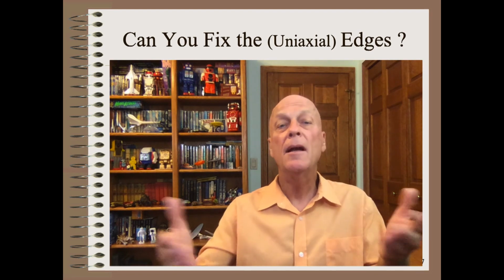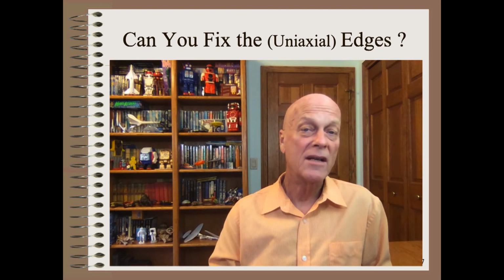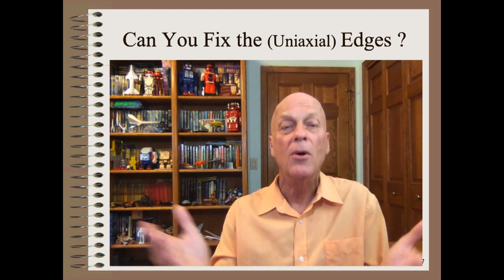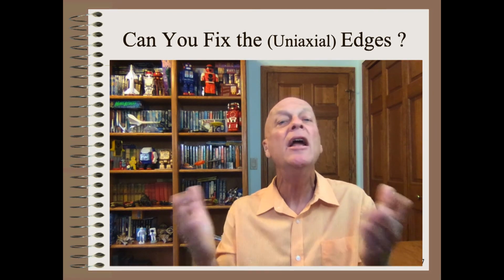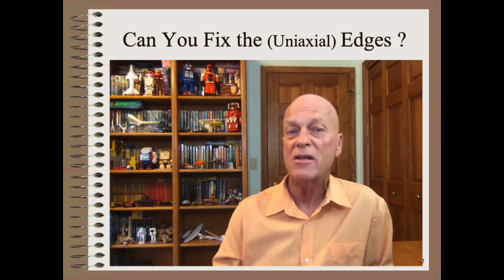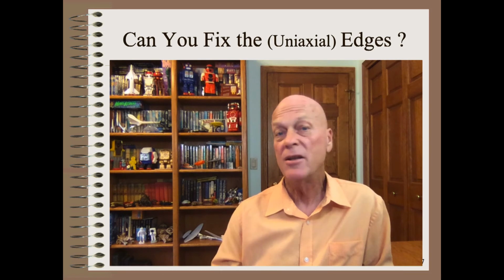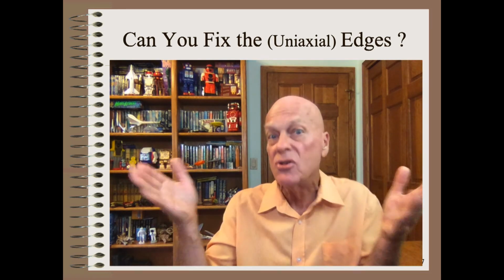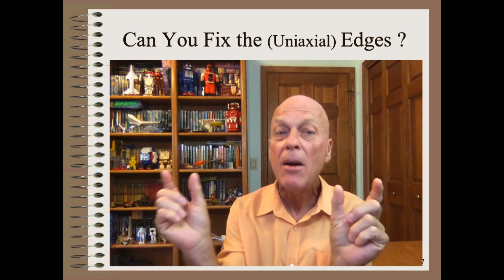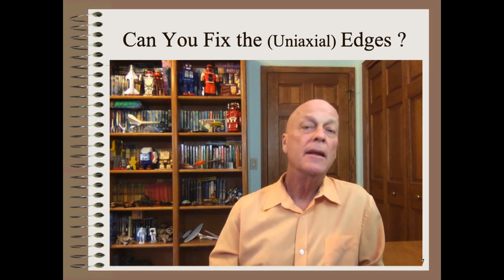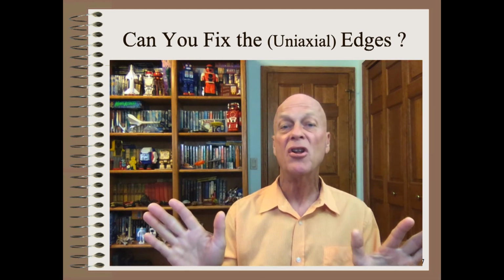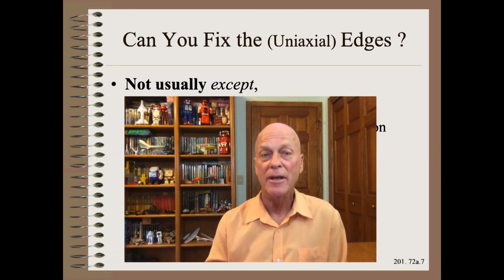So, anyone involved in product process design, or anyone involved in troubleshooting, or anyone involved in QA or customer support would want to know if you can fix the edges somehow without having to trim them off. The answer is unfortunately not usually.